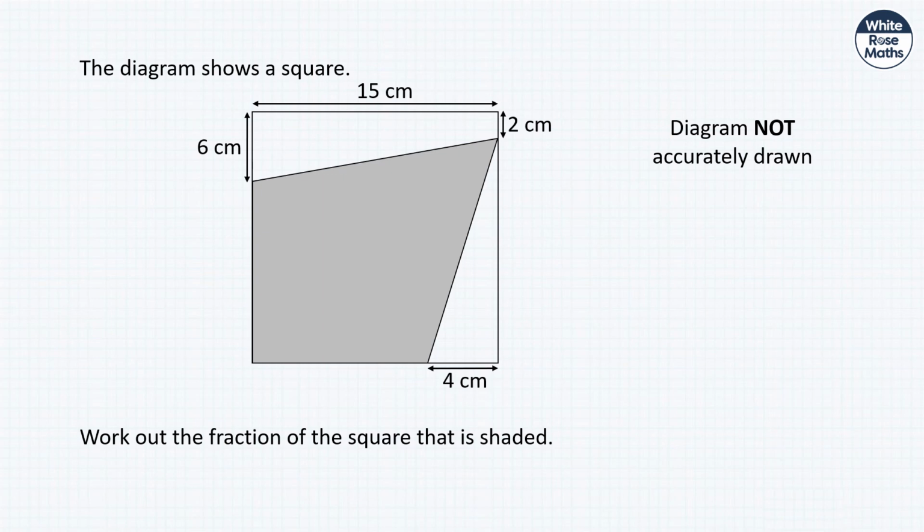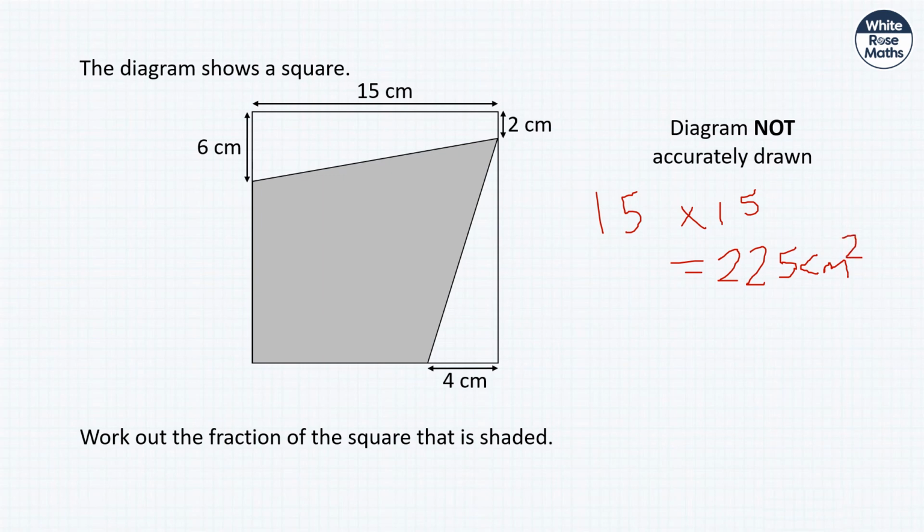So it's quite a nasty one here. We've got a trapezium here, or a square. The diagram shows a square. Work out the fraction of the square that is shaded. So first of all, 15 by 15 here. The total area is 15 squared, which is 225 centimeters squared.